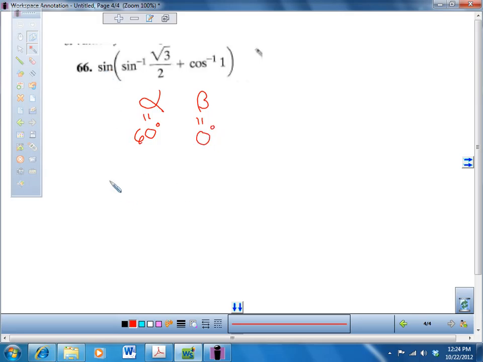So then what you do is you go sine of alpha plus beta, which is equal to sine alpha cosine beta plus, couldn't you just what? That's a good point. Okay, cosine alpha, sine beta.